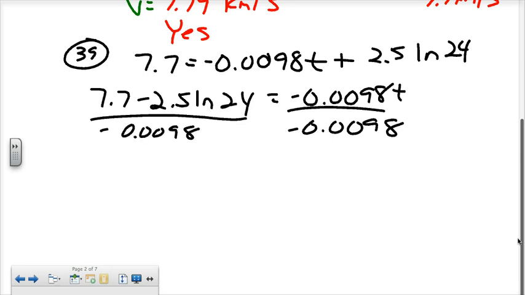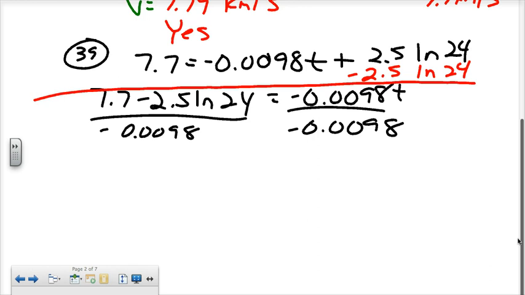I skipped a step up here, and I probably shouldn't have, because if you're watching the FAQs you may have needed that step. Remember, this is just a number up here, the negative 2.5 natural log of 24. We're just subtracting a number from both sides, and then we are dividing.